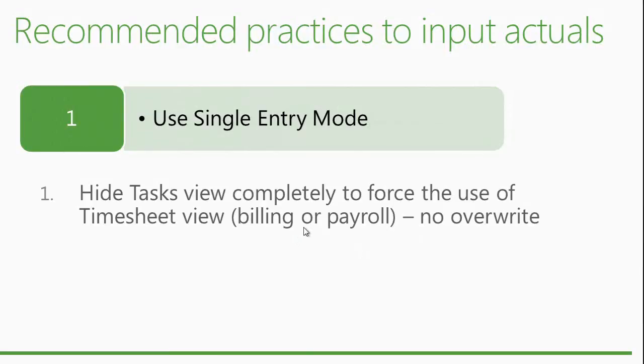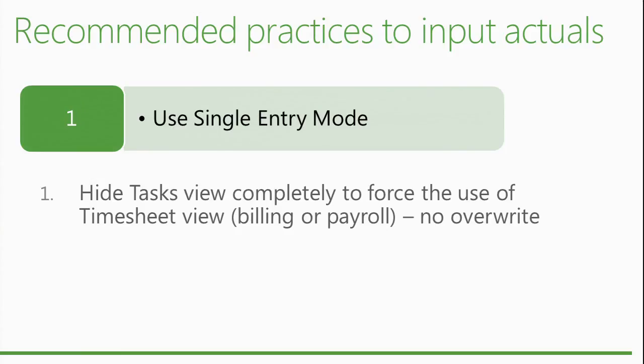So the use single entry mode basically forces you to enter your time, your actuals, in the timesheet view. A recommended practice, if you do that, is to hide the task view. So why do you want to do that?